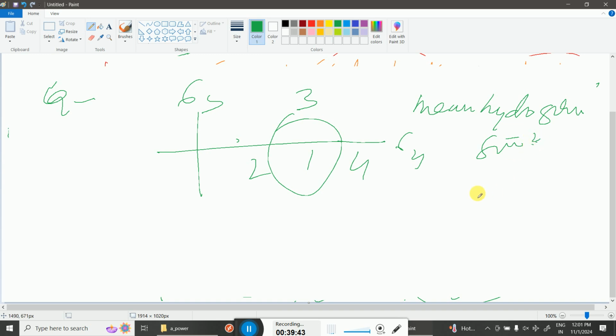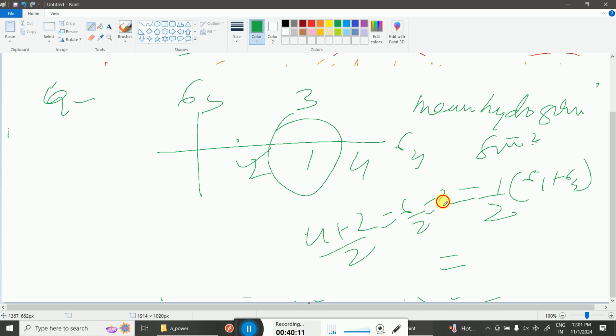So this is 2D, then this is equal to half of sigma 1 plus sigma 3, that is sigma 1 plus sigma 3 by 2. Here sigma 3 is the minimum normal stress, the value is 2, and sigma 1 is 4, then 4 plus 2 upon 2, this is 6 by 2, this is 3.